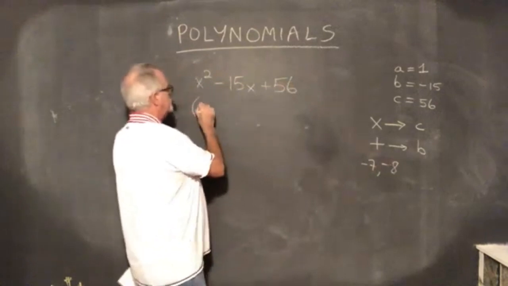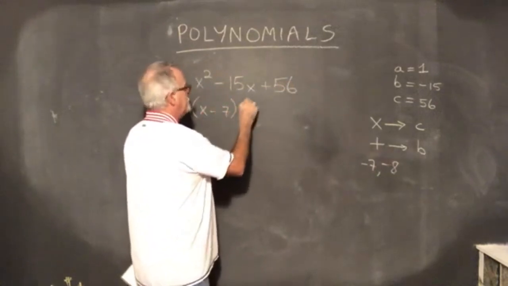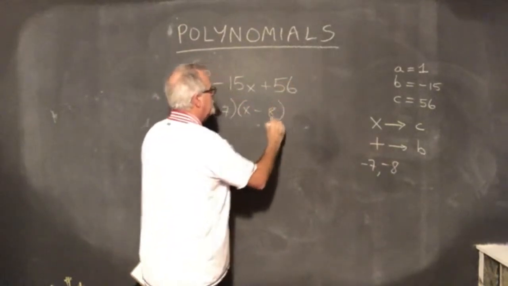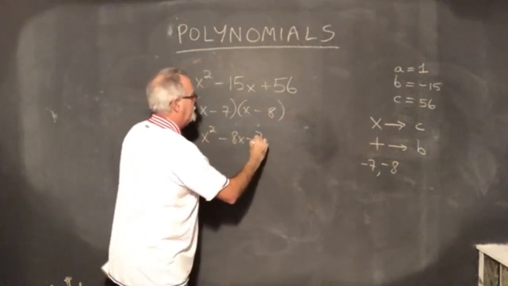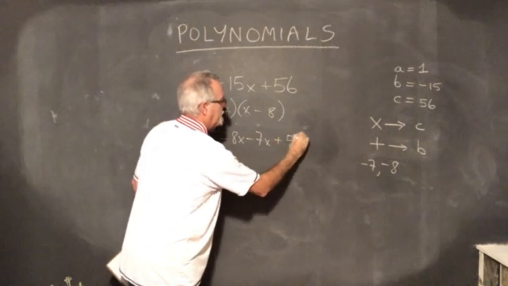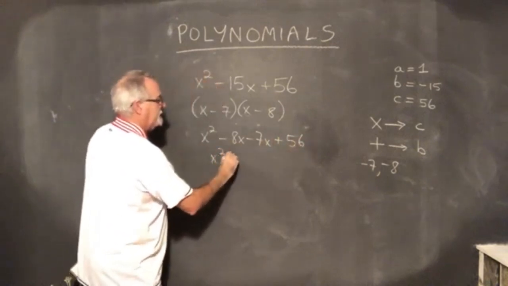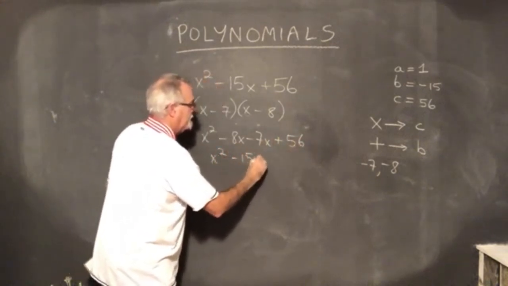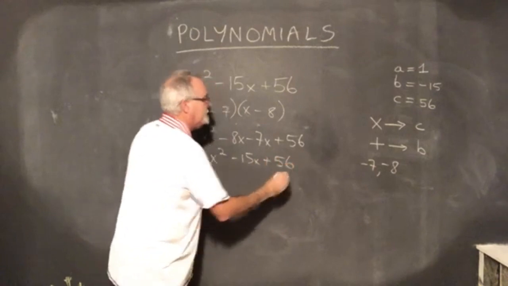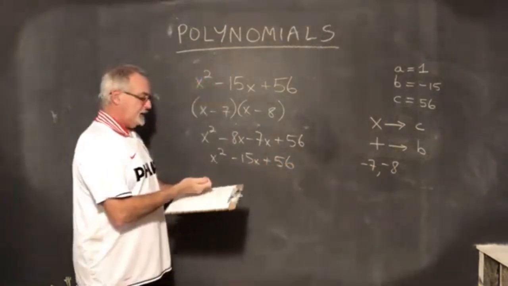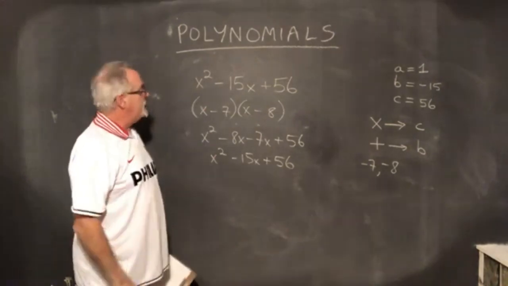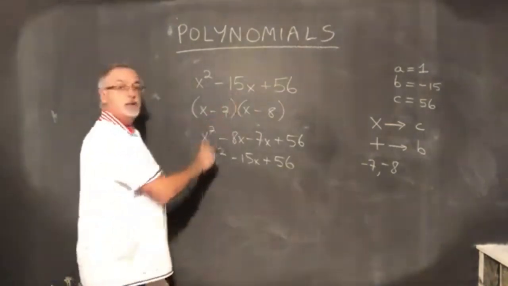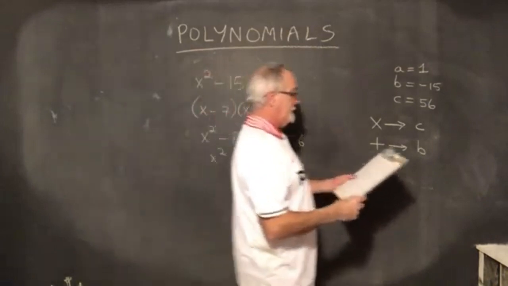And we write our answer, x minus 7, x minus 8, and we do our FOIL. And if we practice it this much, we get this good at it. We get to the point where it just flows. Is this the same as this? Yes, it is. It is correct.